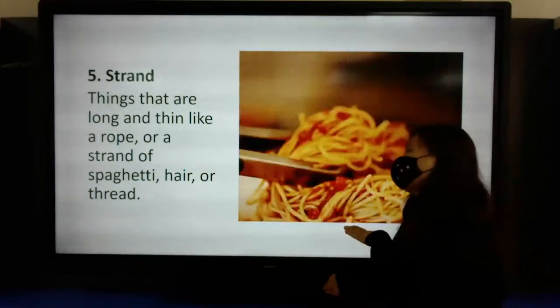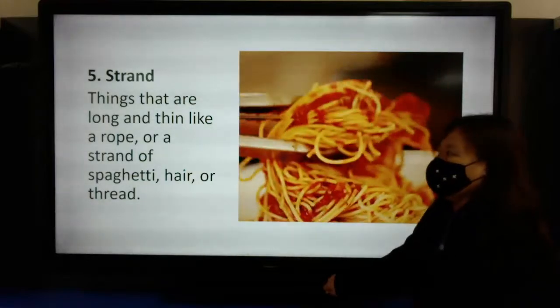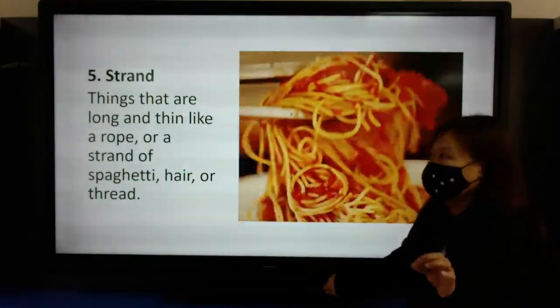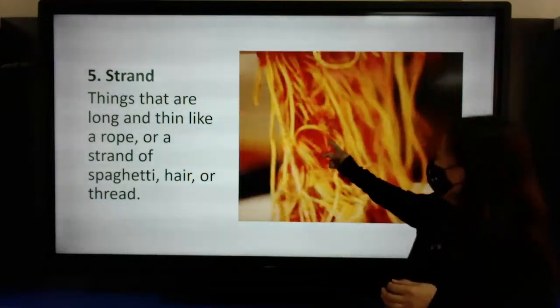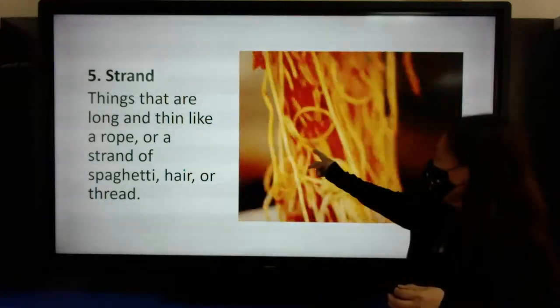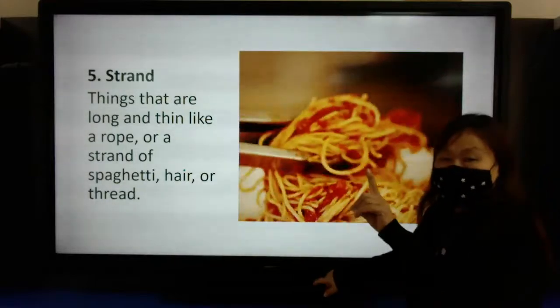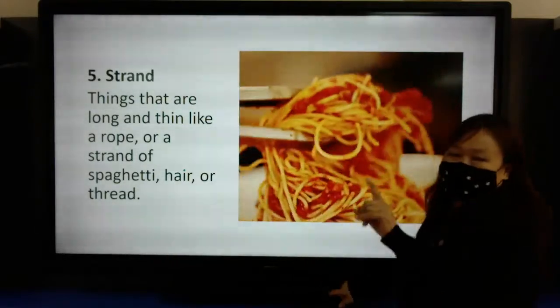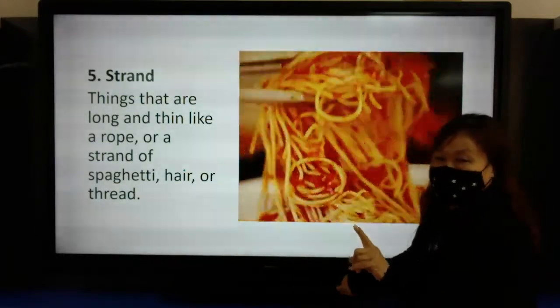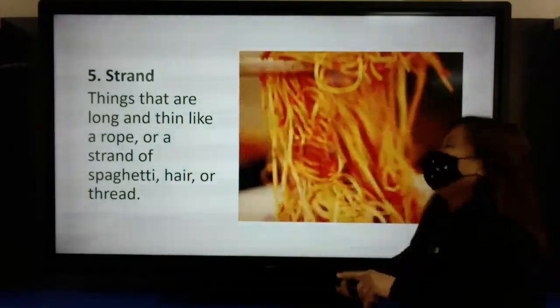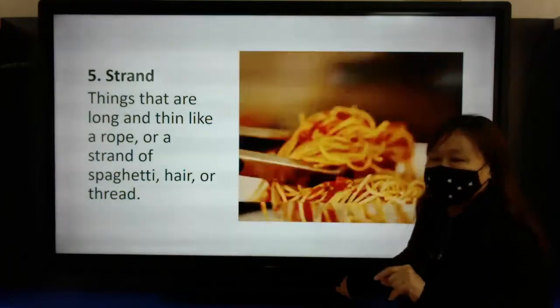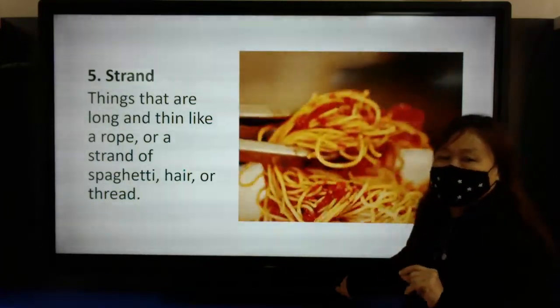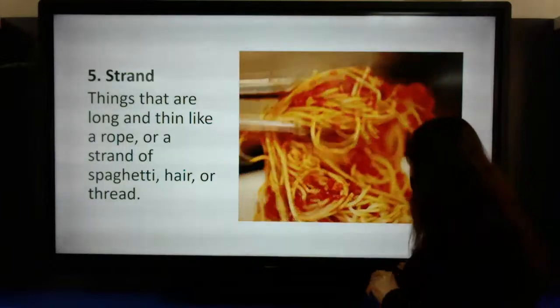When you say strand, it simply means things that are long and thin, like a rope. Here you can see several strands of spaghetti. A strand simply means one length of the spaghetti. You're going to encounter this vocabulary when we go to the parts of the DNA molecule.